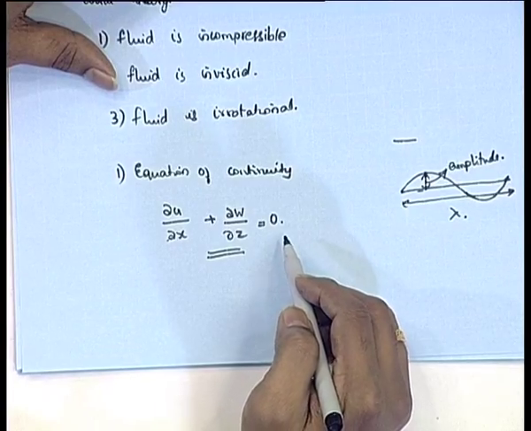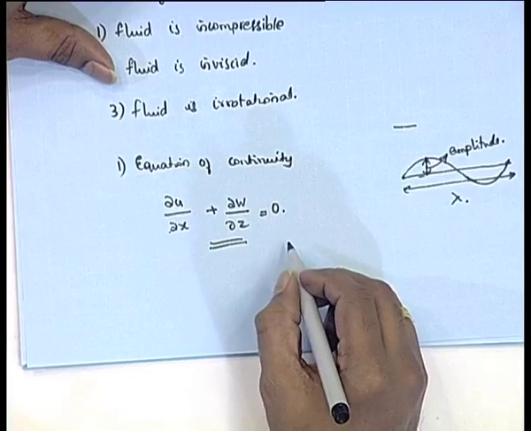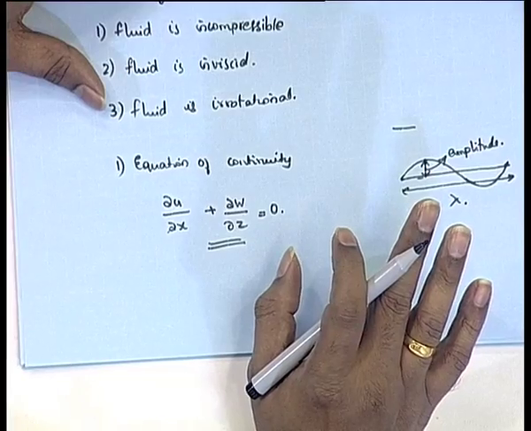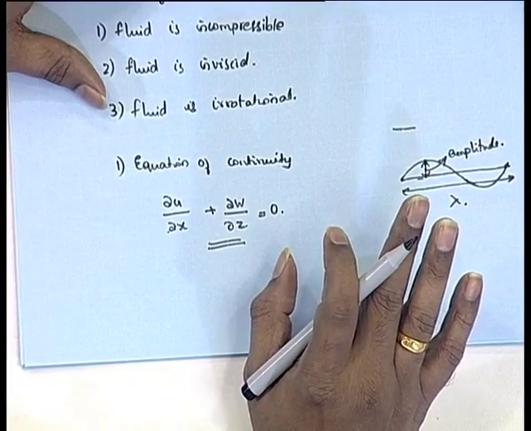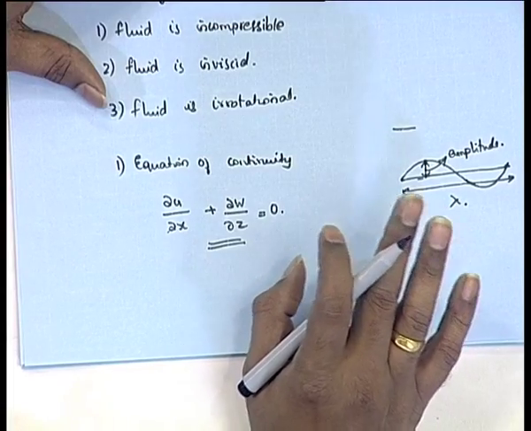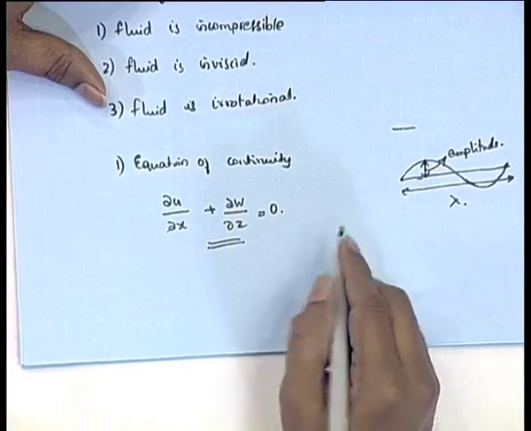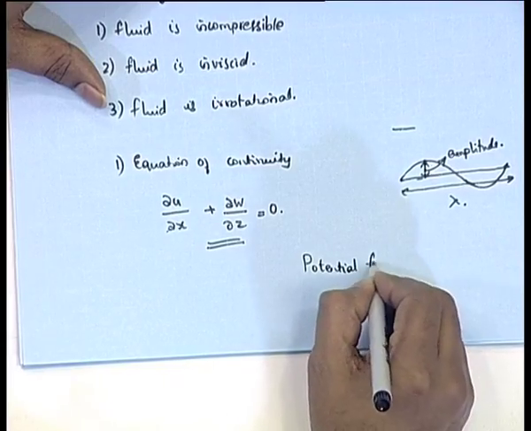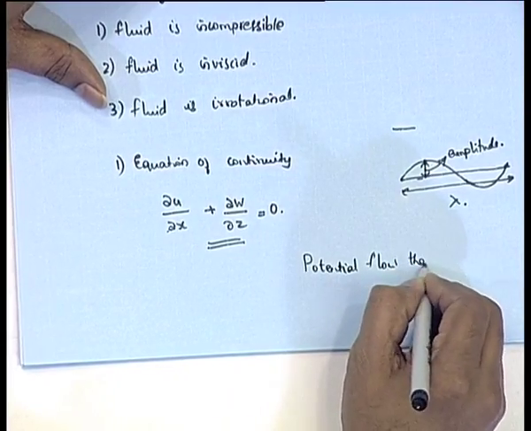In the analysis of waves, which is usually done by what is known as the potential method, the study is known as potential flow methods or potential flow theory. Why is it called potential flow theory?